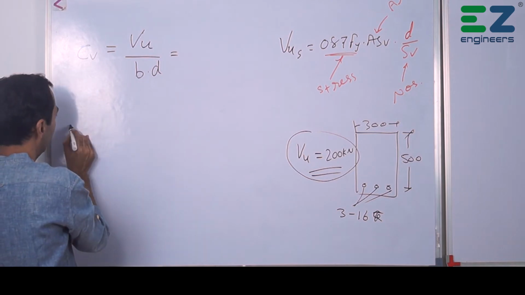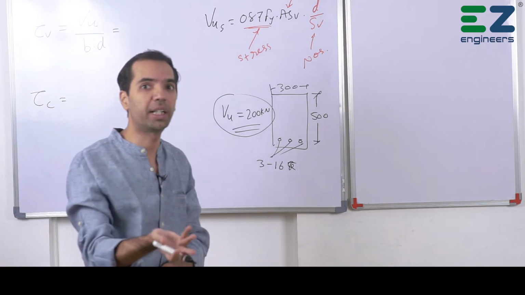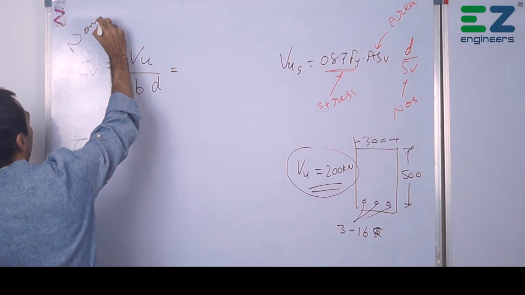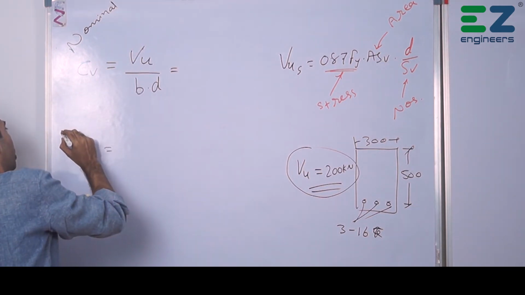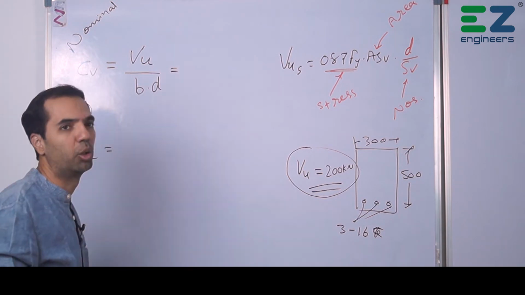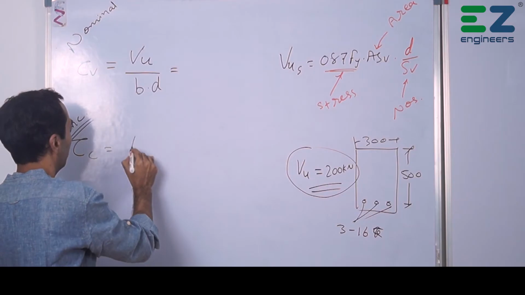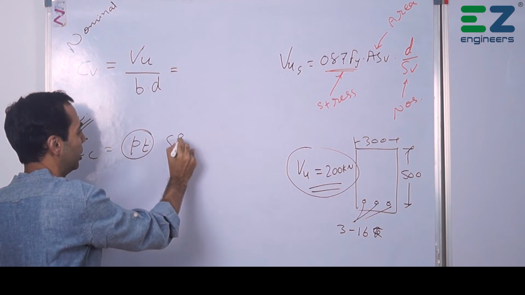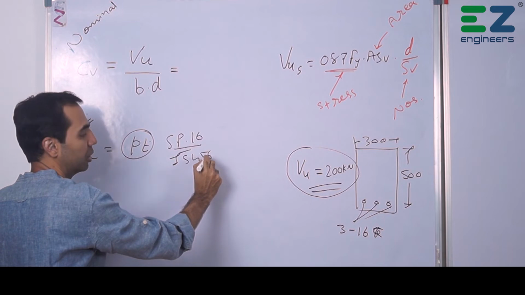Then you need to find how much shear stress concrete can take. Okay, this is nominal shear strength. This is the shear stress to be taken by concrete, tau C. Okay, this you can find from the table with respect to PT from SP 16 or IS 456.